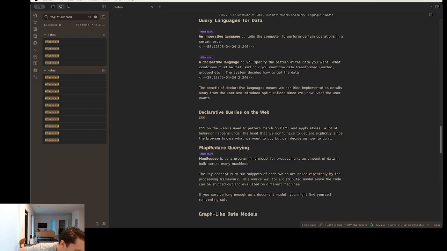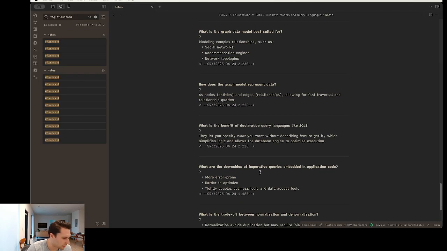Many kinds of data can be modeled as a graph. Typical examples include social graphs, the web graph, road or rail networks. It feels like this is missing.